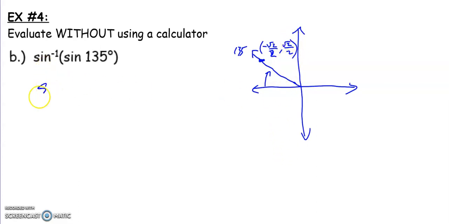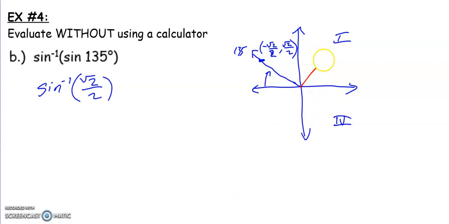Now when we do the arcsine of radical 2 over 2, we're not going to be in quadrant 2. We either need to be in quadrant 1 or we need to be in quadrant 4, because we limit our arcsine to these two quadrants. Well, so where is my sine value radical 2 over 2?